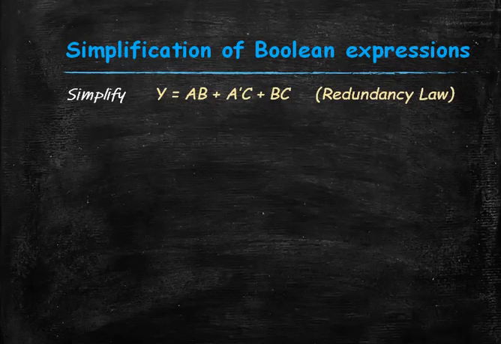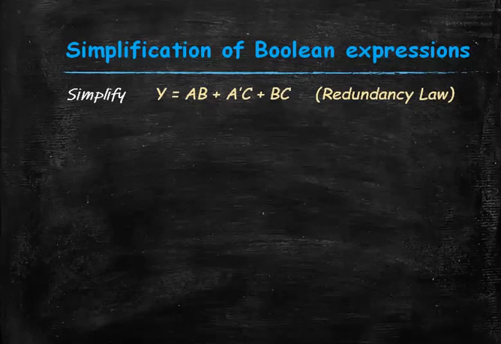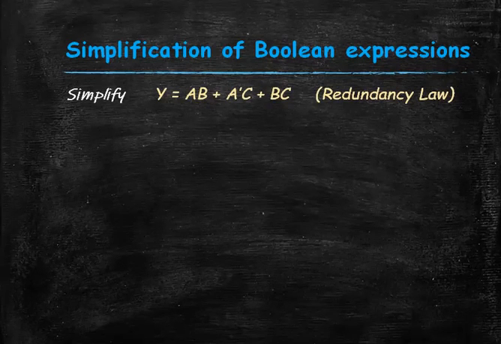We know that in the expression BC is the redundant term, then we can omit or neglect the term BC, and the Boolean expression must be Y is equal to AB or A bar C.